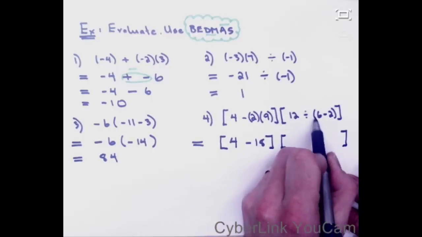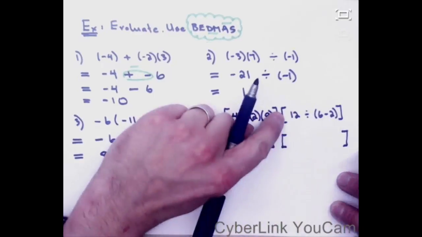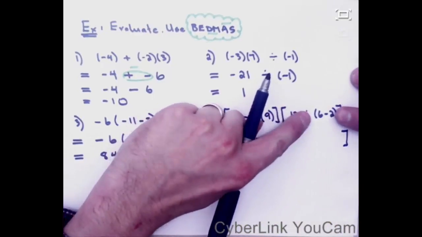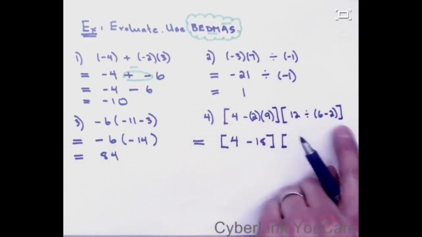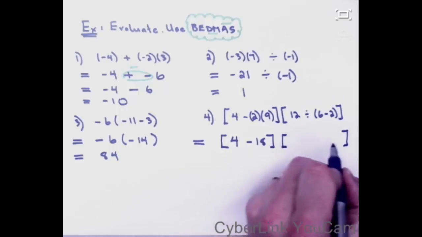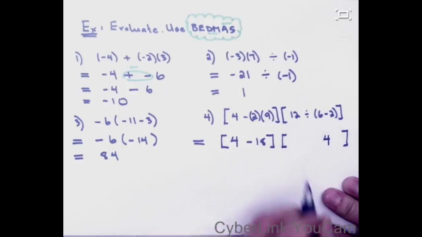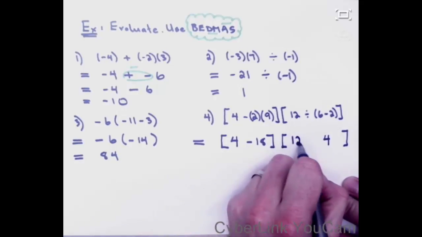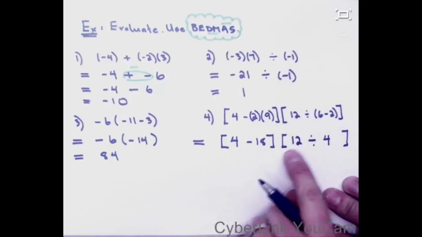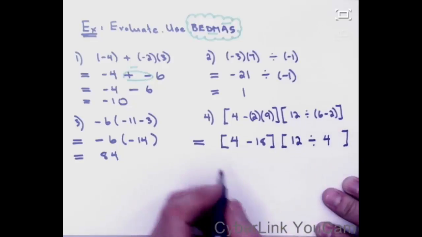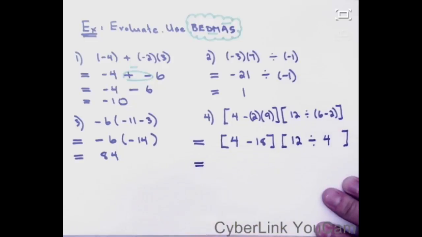It says you have to do these brackets first. So you're inside these square brackets, and now you have to tackle these smaller round brackets. And there it says 6 take away 2, which we know to be 4. Finally, you can drop down this 12 and the divide symbol, and you'll be able to solve the bigger brackets. Let's go back to the new equal sign here on the left and continue on.